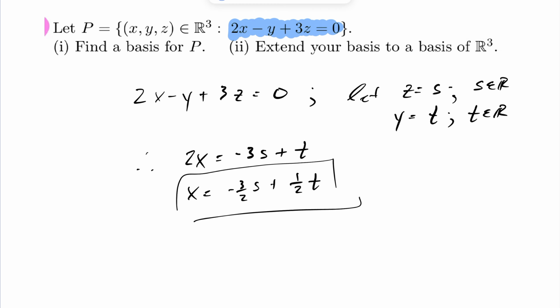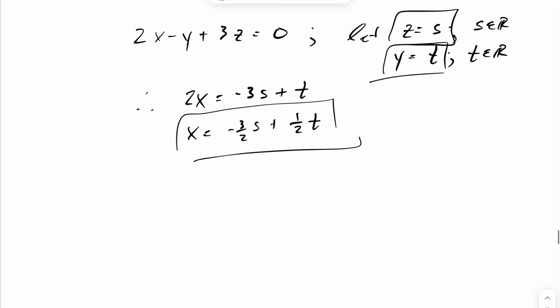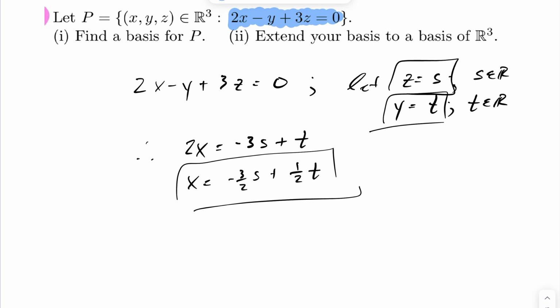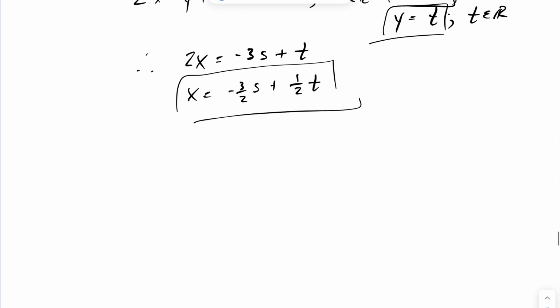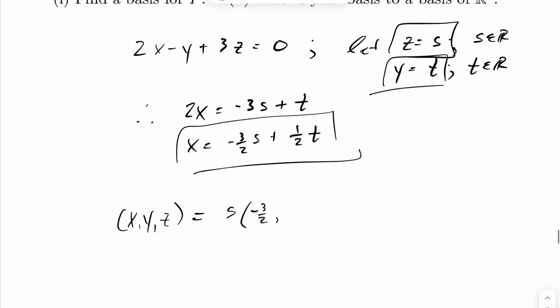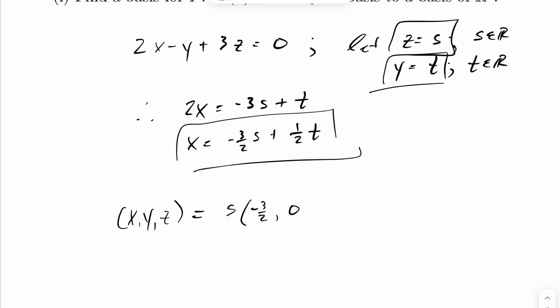So I have my x value, I have my y value, and I have my z value. All right, so now continuing on here, the solution to this set is going to be: I want to collect up all vectors x, y, z such that they are going to be negative 3/2 s, and then 0 and 1 for my third coordinate, plus my parameter t is going to consist of 1/2, 1, and 0.